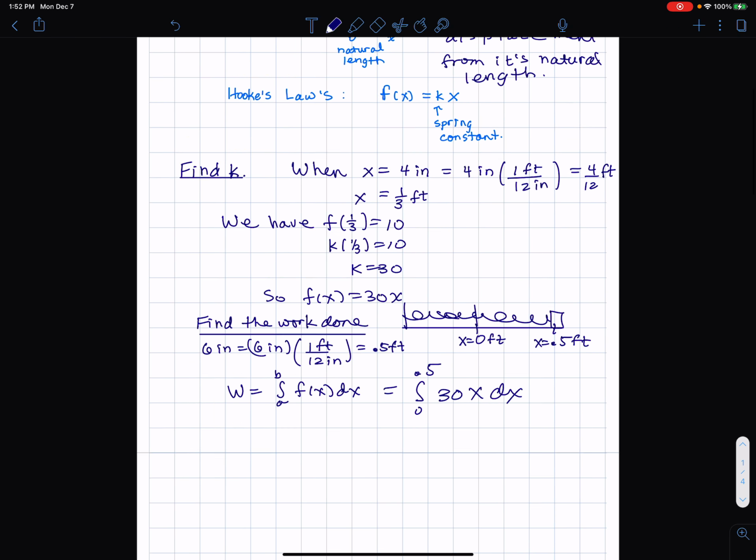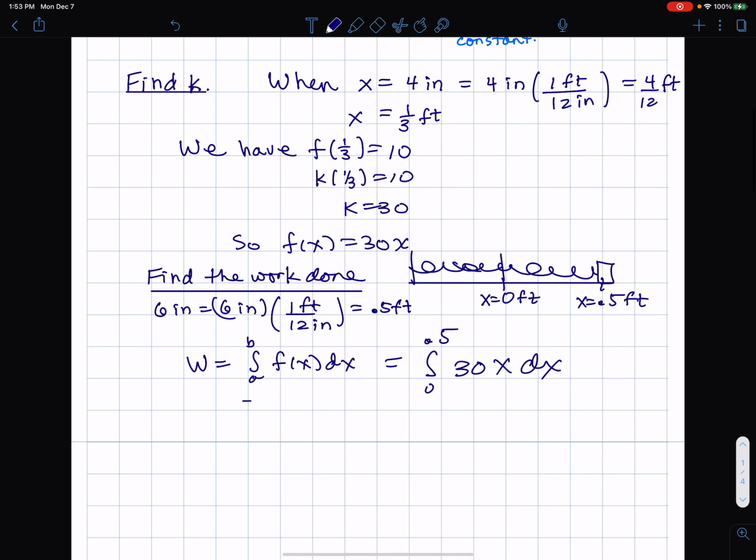That's an easy integral to do. So this is going to be 30x squared over 2 from 0 to 0.5, or you can put 0 to a half. So it's 15x squared. So it's 15 times 1/2 squared minus 15 times 0 squared.